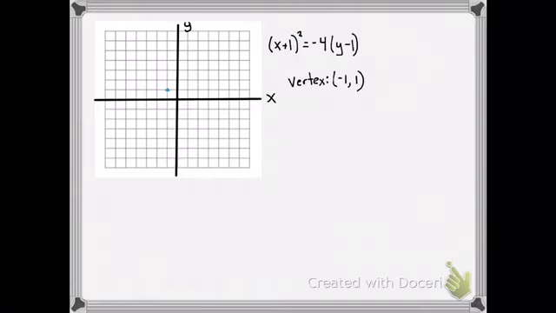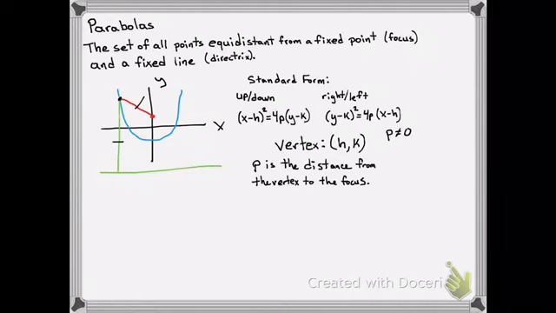We need to find p. I know that in front of the parentheses is 4p, and that's a negative 4. So if we do some quick math, we can see that p is negative 1. What that tells us is that the focus and the directrix are 1 away from our vertex. P specifically, as I defined on the last slide, is the distance from the vertex to the focus.